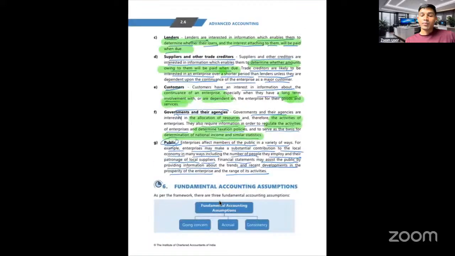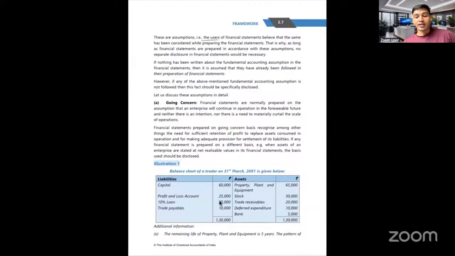Now, fundamental accounting assumptions we have already covered in our last lecture. Those are going concern, accrual, and consistency. These are assumptions such that the users of financial statement believe that the same have been considered while preparing and presenting the financial statements. That is why, as long as financial statements are prepared in accordance with these assumptions, no separate disclosure in financial statement would be necessary.